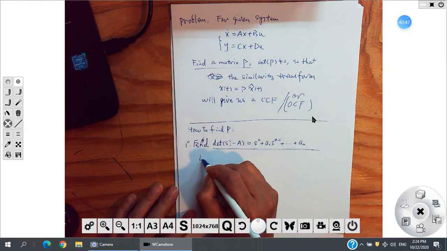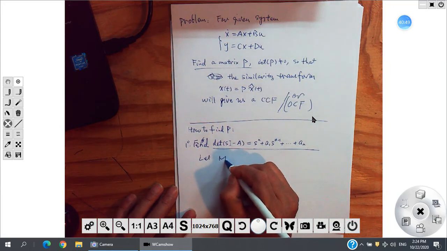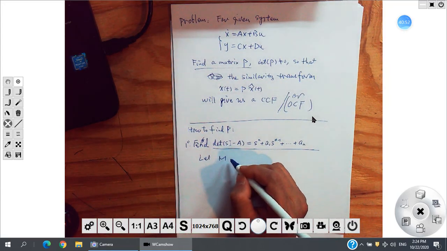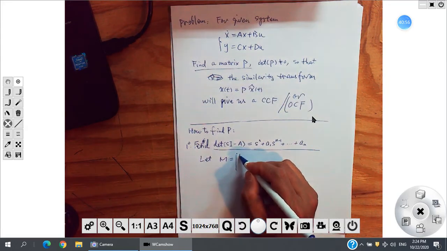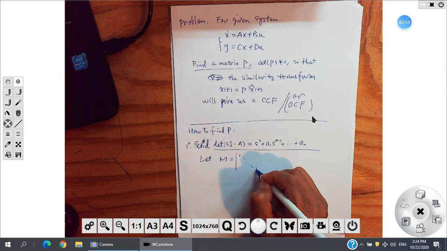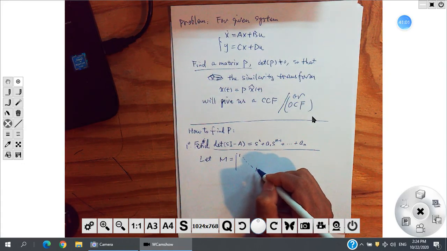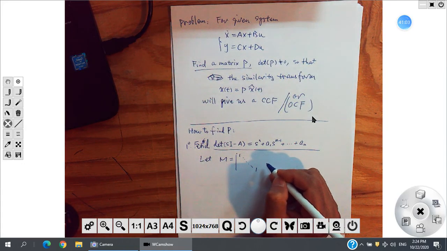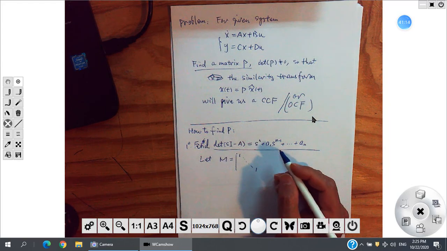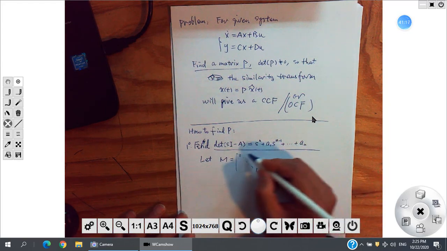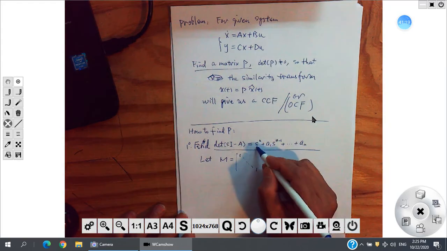Then let M be a matrix. Here it should be 1. Let me see, I have put it in the notes. Yes, this is it. The first coefficient is 1.